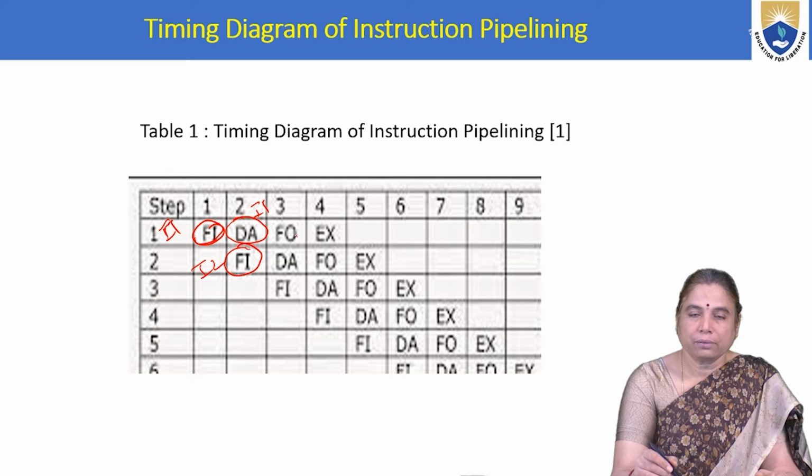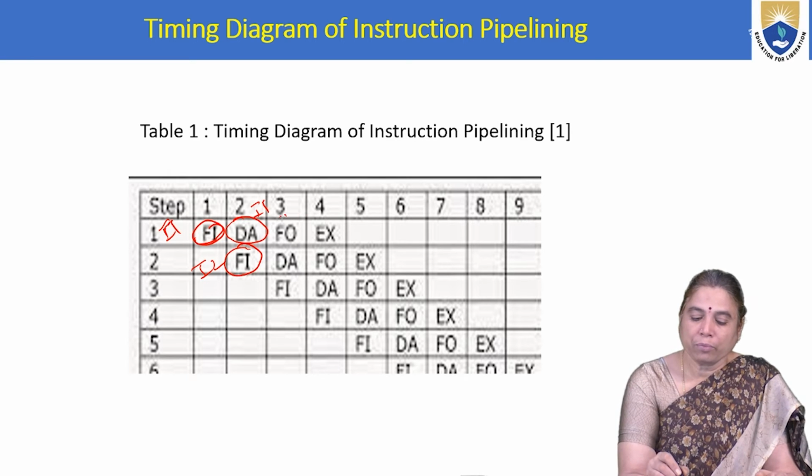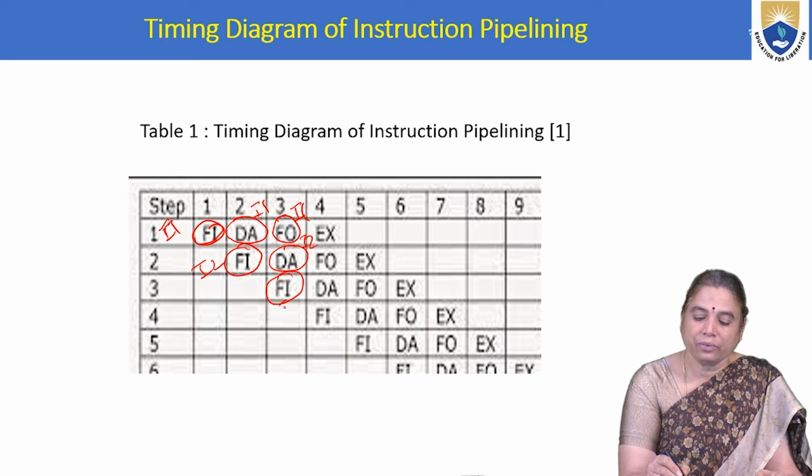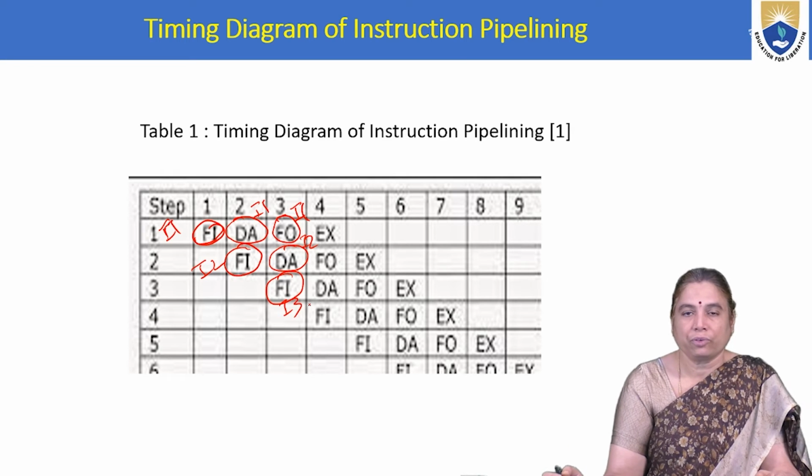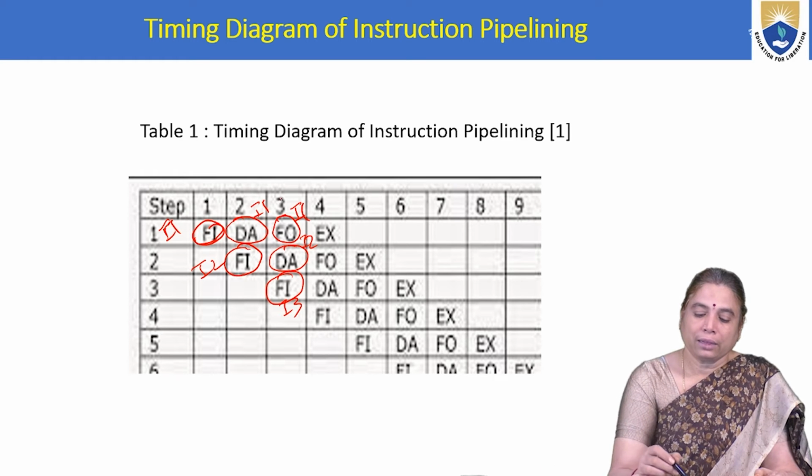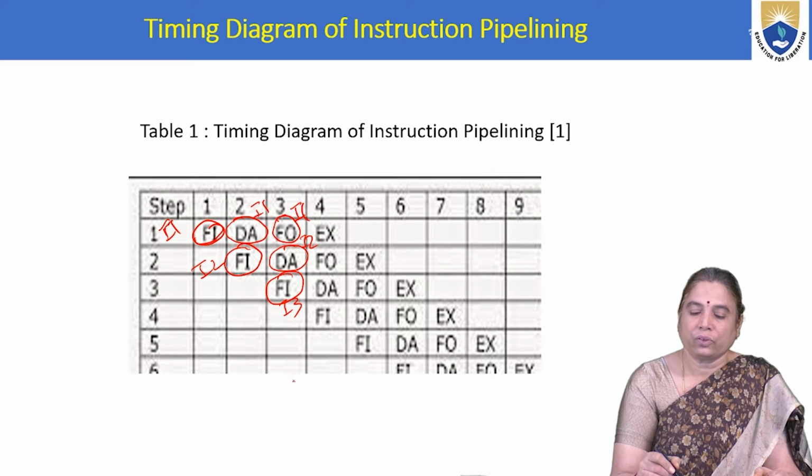At the third clock cycle, instruction 1 moves to the third segment, fetching the operand. Instruction 2 moves to decode and address calculation, and the third instruction is initiated and starts the first segment, fetch instruction. So at the third clock cycle, 3 instructions can be executed in parallel.